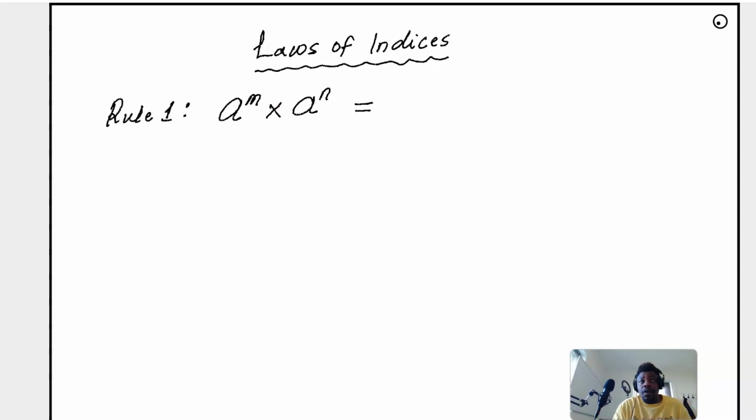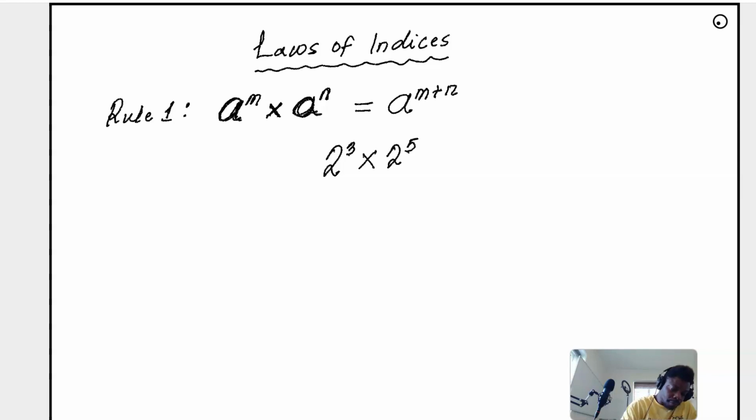If you look at this law, you will see that the base a here is the same as the base a here. That's the first thing you need to know. And you are multiplying. So when you have same bases multiplying, you can add the powers, m plus n. So if I have 2 raised to power 3 times 2 raised to power 5, the base here is 2 and the base here is 2, and you're multiplying.